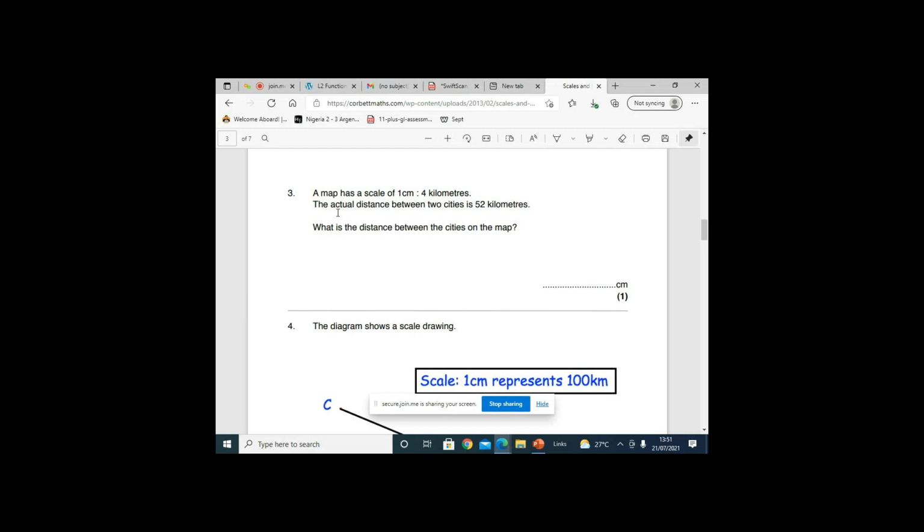Do you know what to do? So 1 centimeter represents 4 kilometers, and this one is 52 kilometers. So you divide 52 by 4. That's going to be 13. So that's going to be 13 centimeters.